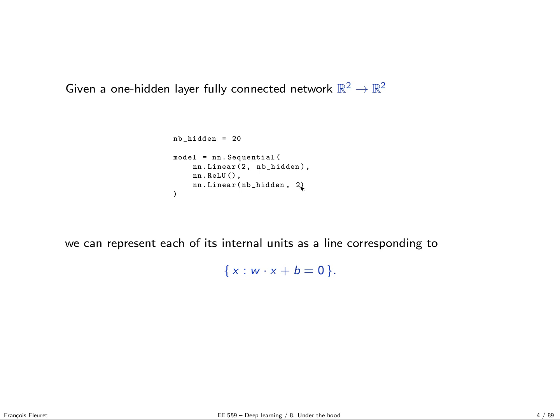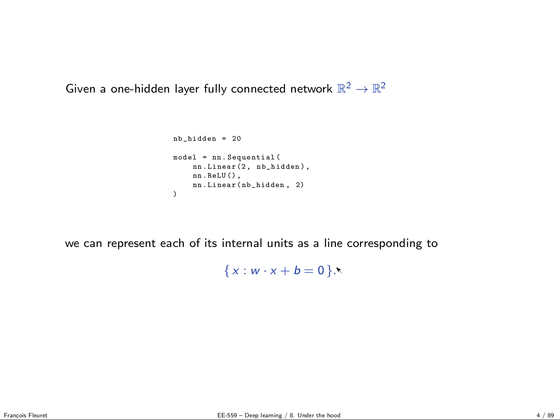What is interesting is that every single one of the hidden units can be represented as a line corresponding to the boundary between the part of the domain where it responds negative and the part of the domain where it's positive. Every one of those hidden units has a bias and a direction, so we can represent this domain as a line, the set of points in the plane where the unit is equal to 0.